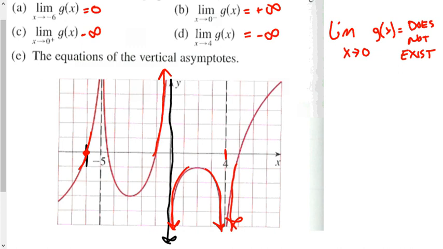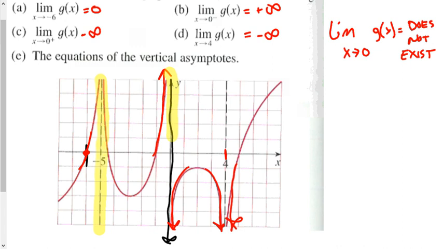Lastly, part E says find the equations of the vertical asymptotes. And all of these vertical asymptotes are pretty easy to find, right? Let's try this again. We're going to go right here. That's x equals -5.